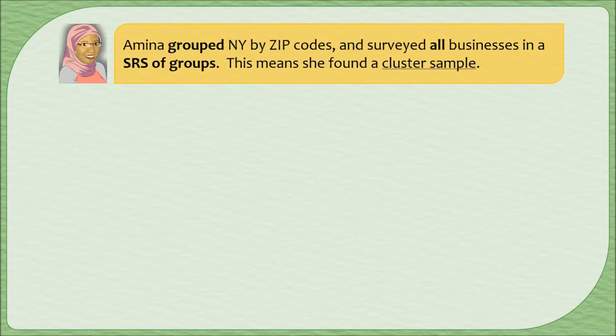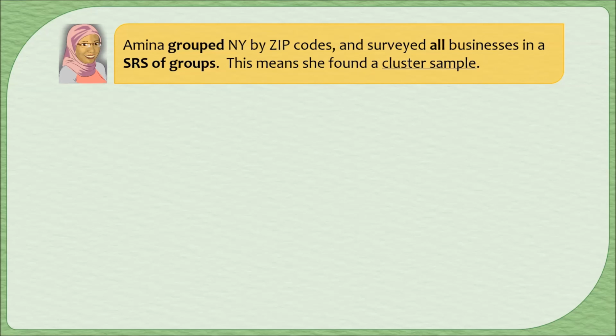Let's look at Amina. So Amina grouped New York State by zip codes. There were over 2,000 zip codes in New York State. So since there's some grouping, we know that there's going to be either a stratified or a cluster sample. So she grouped New York by the zip codes, and she looked at everybody in just a few of those groups in a simple random sample of zip codes.